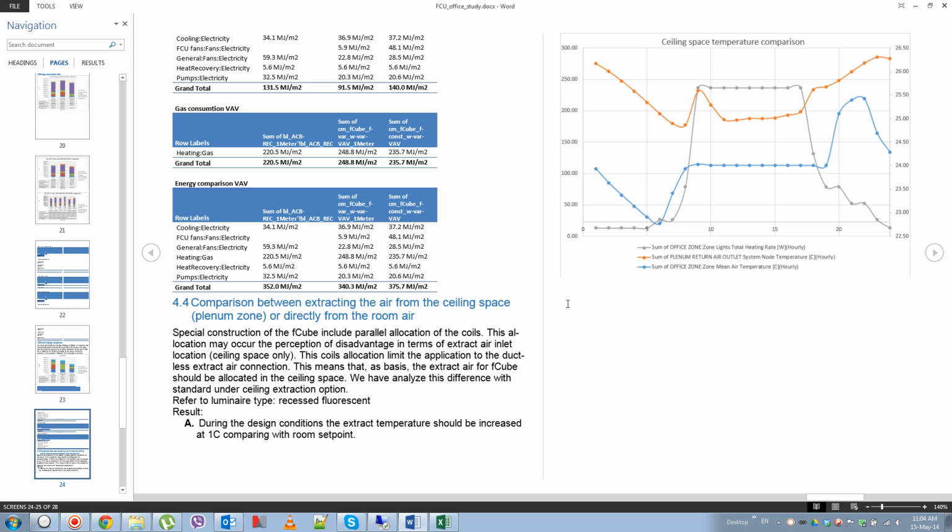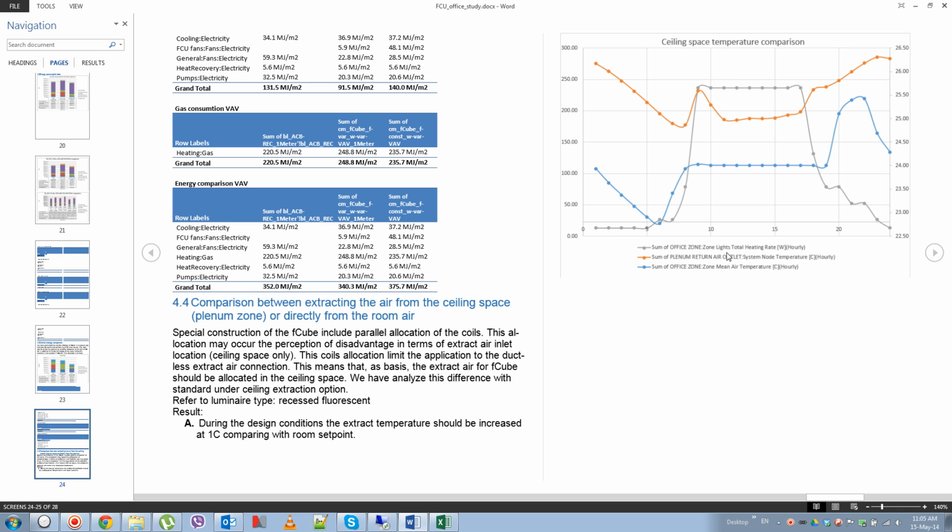Moreover, because of the parallel coil allocation, fCube could be installed extracting air only from the ceiling space. So it is almost impossible to connect any plenum to it and extract air from the room space. So there should be consideration of the temperature of the extract air corresponding to the room air.